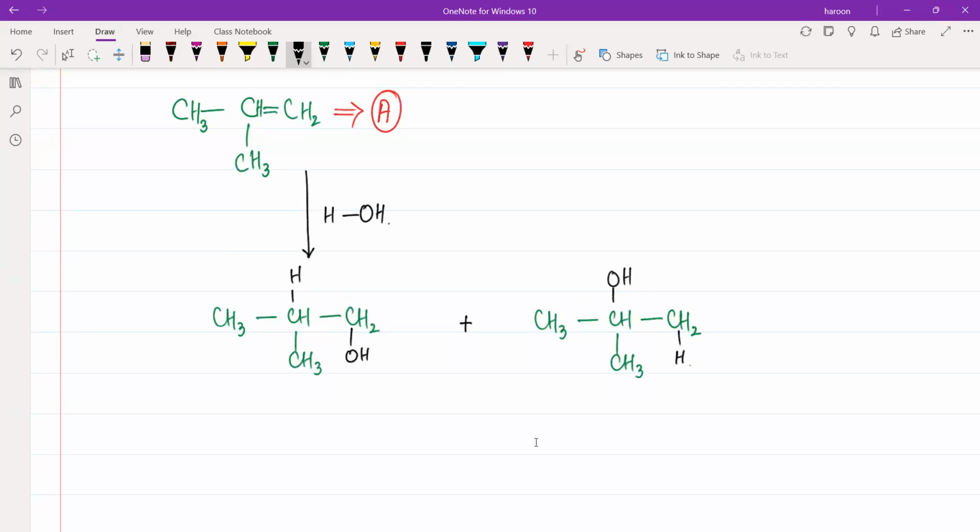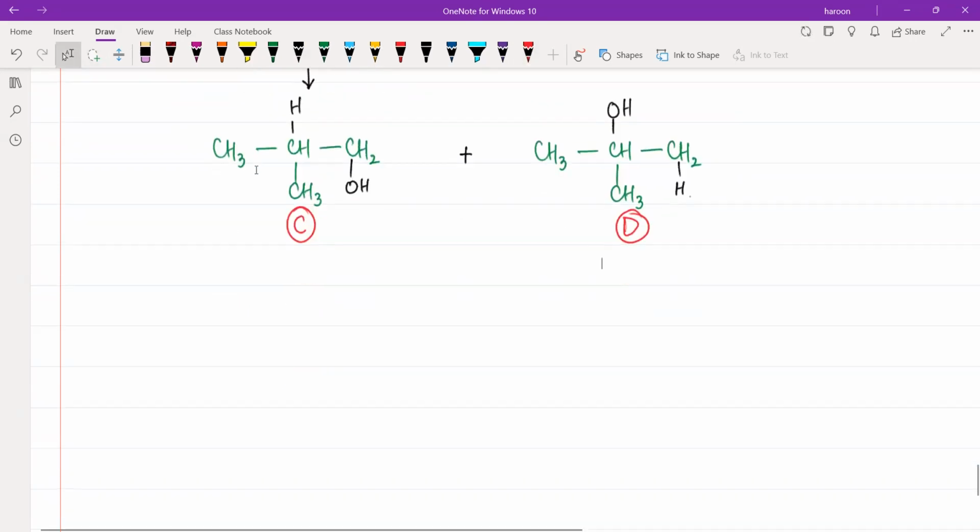On two different positions. So it can be C and it can be D. Can you understand this now?